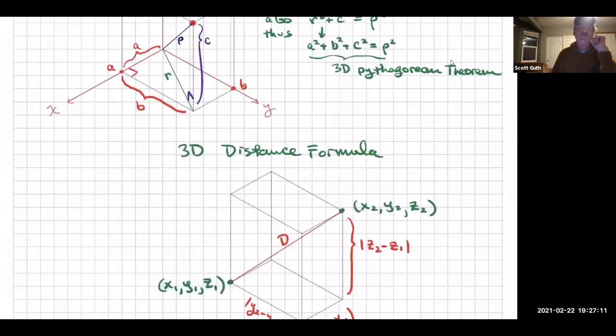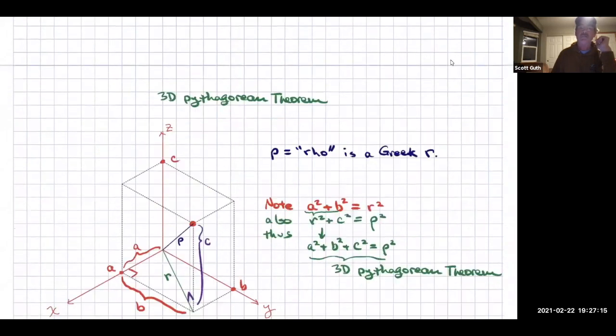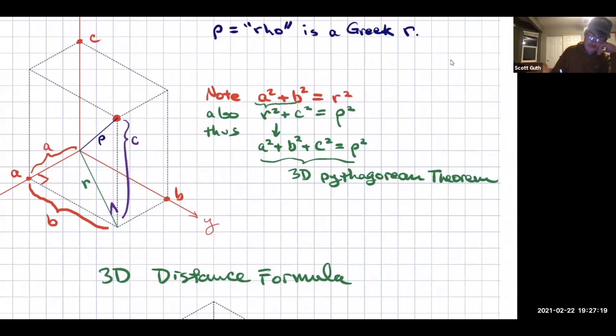Now this is true for any point in space. If this point right there is the point A, B, C, and rho is the distance to the origin, then we know for a fact that a squared plus b squared plus c squared will be rho squared, right? It doesn't matter what the point is.